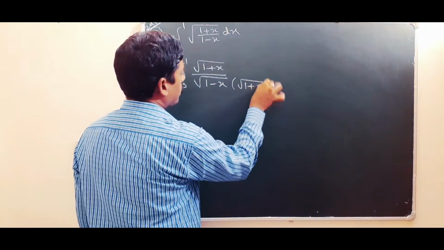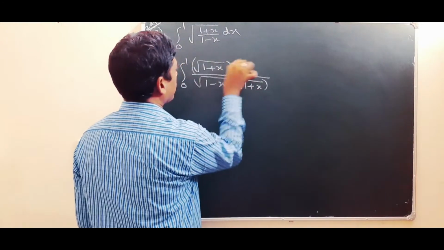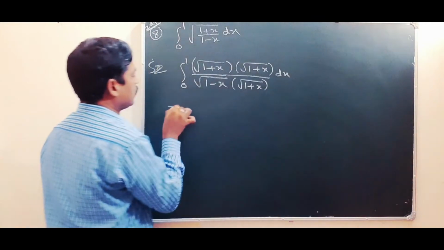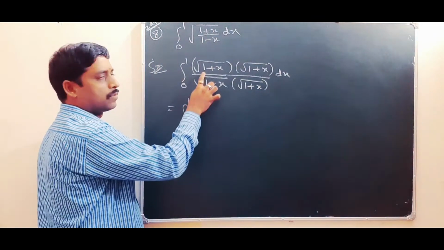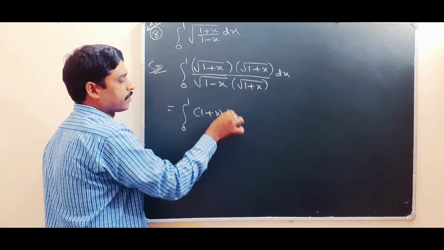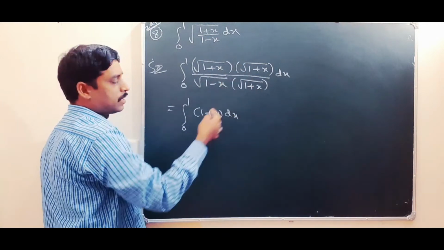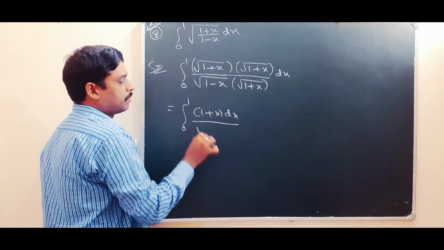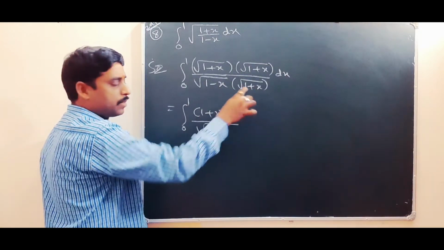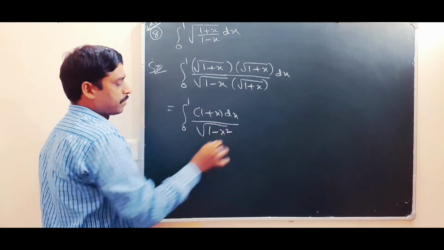Divide and multiply by root 1 plus x. Integral 0 to 1: root 1 plus x into root 1 plus x, we get 1 plus x, since root 1 plus x whole square is nothing but 1 plus x. In the denominator, root of (1 minus x) into (1 plus x). By using a minus b into a plus b, a square minus b square.